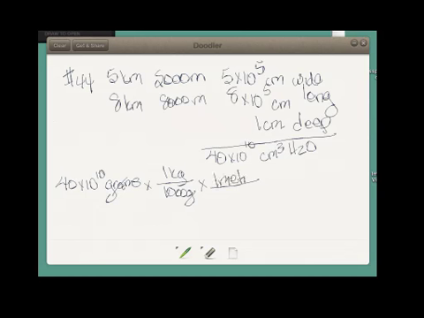In 1 metric ton, there are 1,000 kilograms. And so that works out to be 40 times 10 to the 4th metric tons. And that's 44.